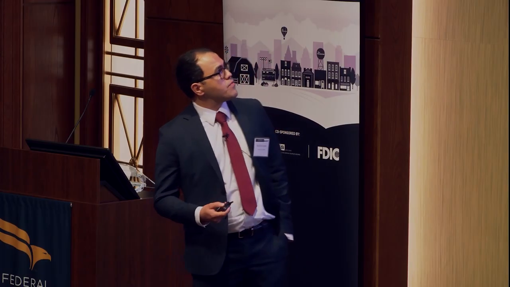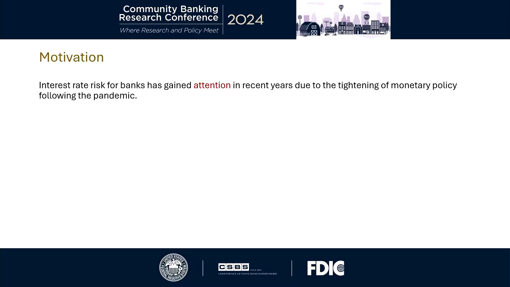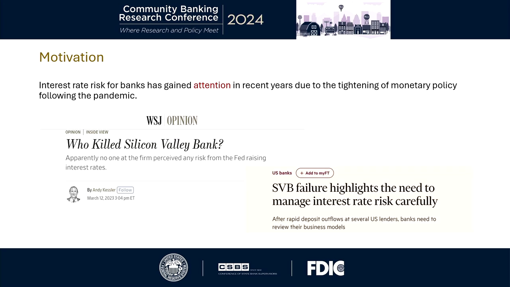The motivation for our paper is that recently policymakers have been implementing a tightening monetary policy, and in popular media you see some news that maybe some of the banks are exposed to interest rate risk, and that may be a concern.